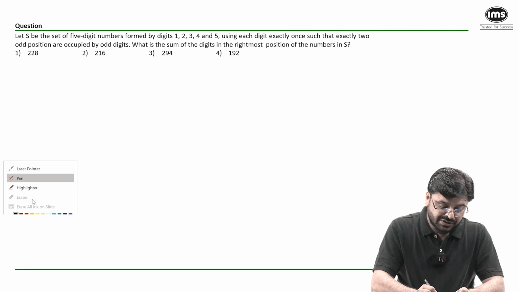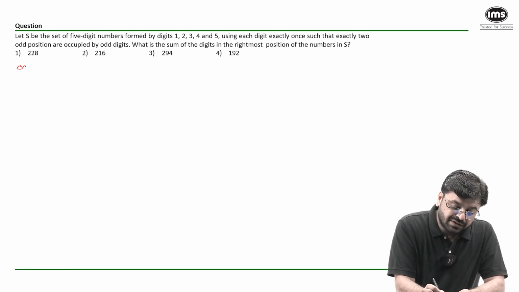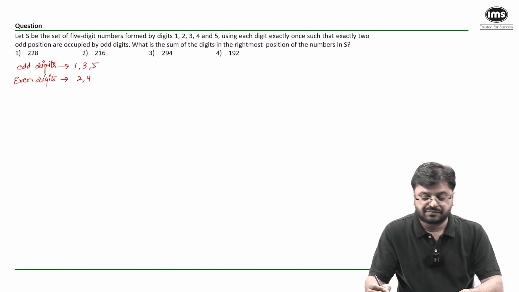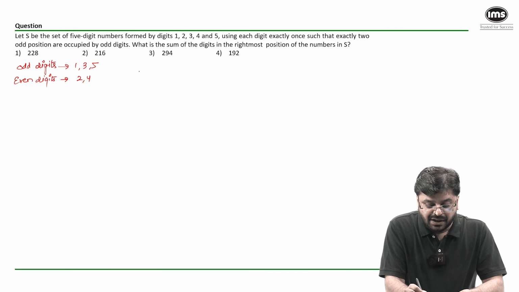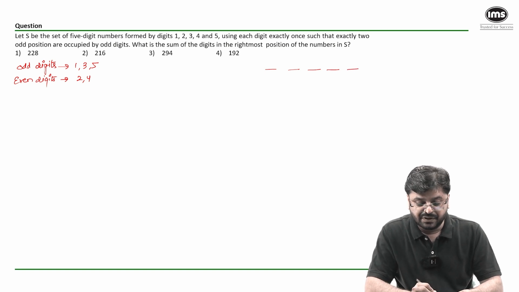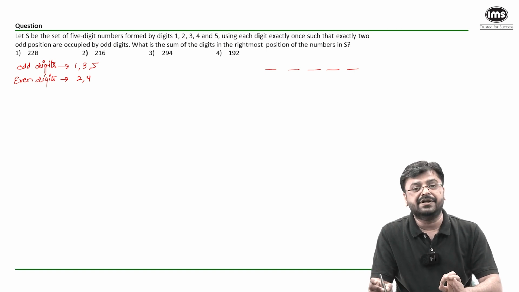So in this particular question, we have 5 distinct digits, 1, 2, 3, 4, 5, out of which the odd digits are 1, 3 and 5, and the even digits available are 2 and 4. Now we want to make a 5-digit number such that exactly 2 odd positions are occupied by the odd digits.